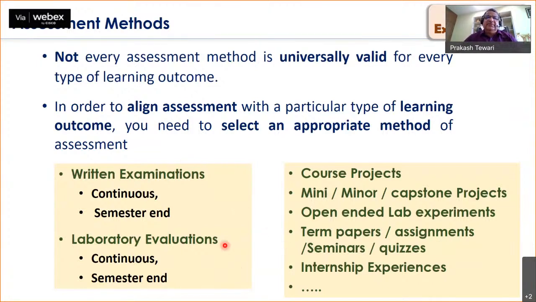Apart from these, which you are very familiar with, we should also think about other assessment methods like course projects, mini, minor, or capstone projects or final year project, open-ended lab experiments, term papers, assignments, seminars, quizzes, and internship experience. You should also use these as assessment methods in order to test the students' learning for different types of learning outcomes.